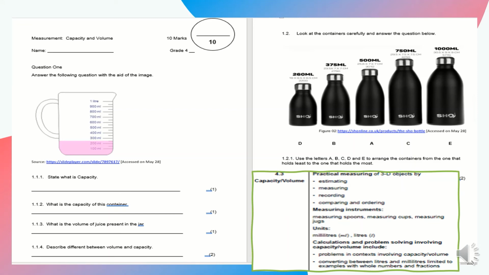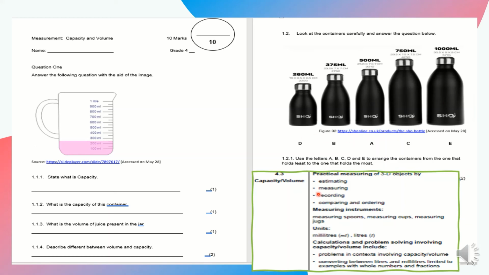Okay, did we do this according to CAPS, right? Yes, because as we said before, it did encounter measuring, and with a measuring instrument, which is a measuring jar in this case, it did compare and order. It did use the units, milliliters and liters. It did compare and ordering, which is what we did here.